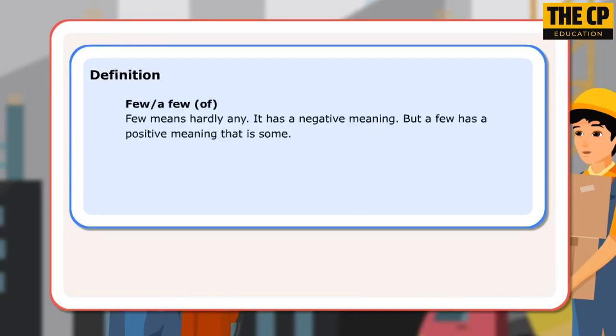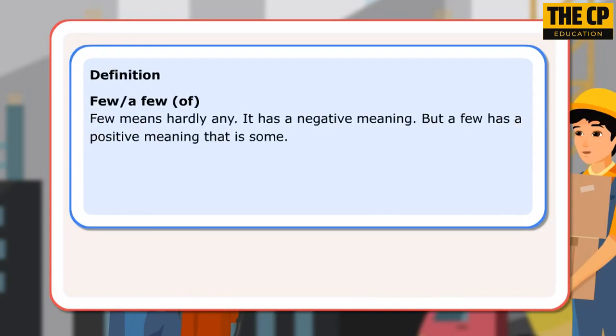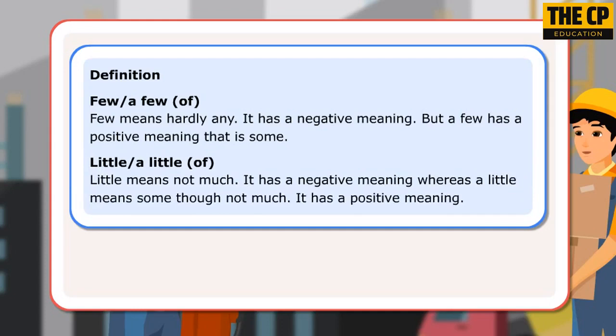Definition: few or a few of. Few means hardly any. It has a negative meaning, but a few has a positive meaning, that is, some. Little or a little of. Little means not much. It has a negative meaning, whereas a little means some, though not much.